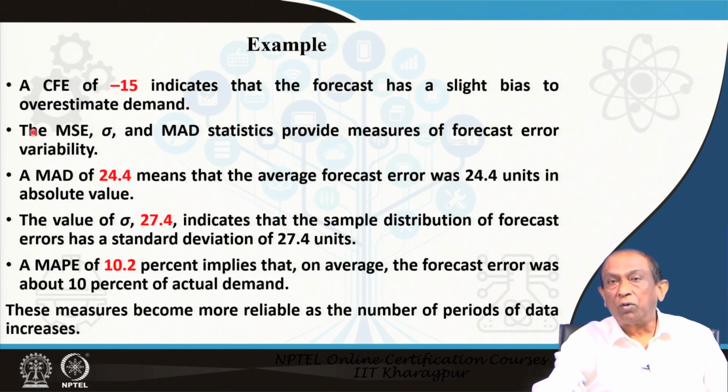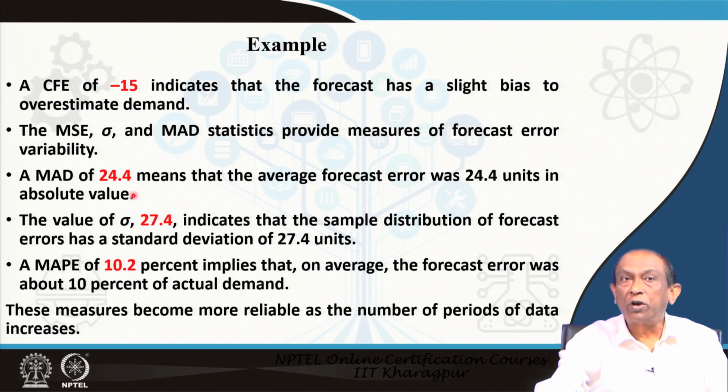So, basically what are the implications? A cumulative forecast error of minus 15 indicates that the forecast has a slight bias to overestimate the demand. The mean squared error, sigma, which is the standard deviation of the distribution of errors, and the MAD statistics provide measures of forecast error variability.